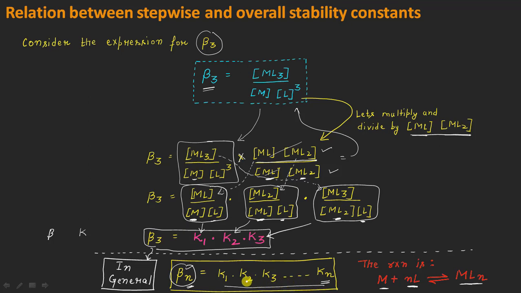And K is the stepwise stability constant. If we have n ligands, it will go from 1, 2, 3 until it reaches the value n here, right? So this is the relationship between the stepwise and the overall stability constants.